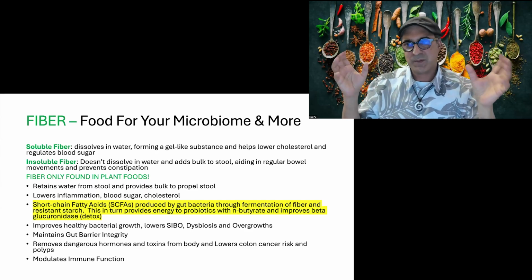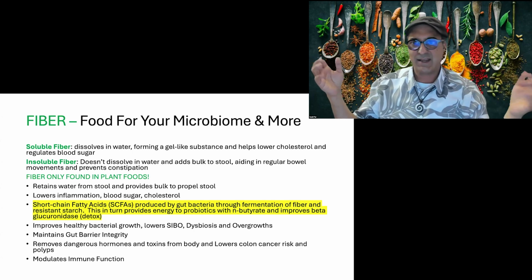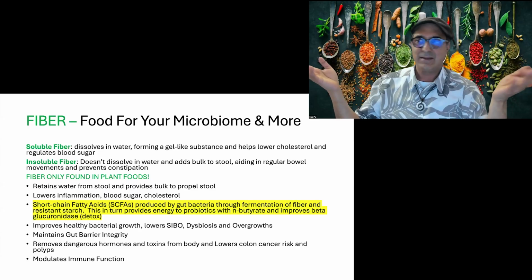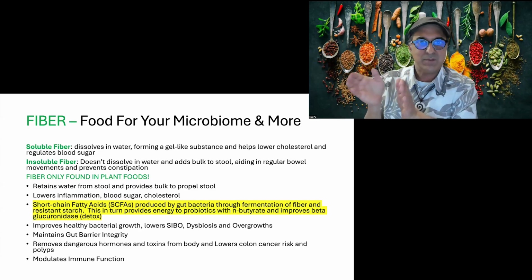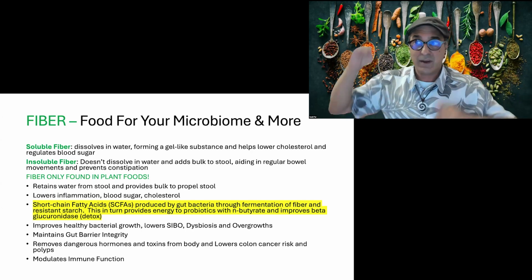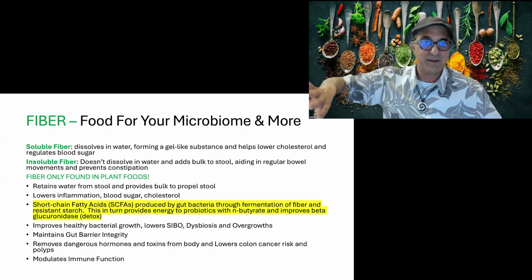Now, more importantly, for those people who are pushing paleo and keto diets, or saying you need to eat animal protein, what they don't understand, because the understanding of the microbiome is very limited and hasn't been totally understood until more recently, is that we're at the tip of the iceberg. We're learning more and more every day.